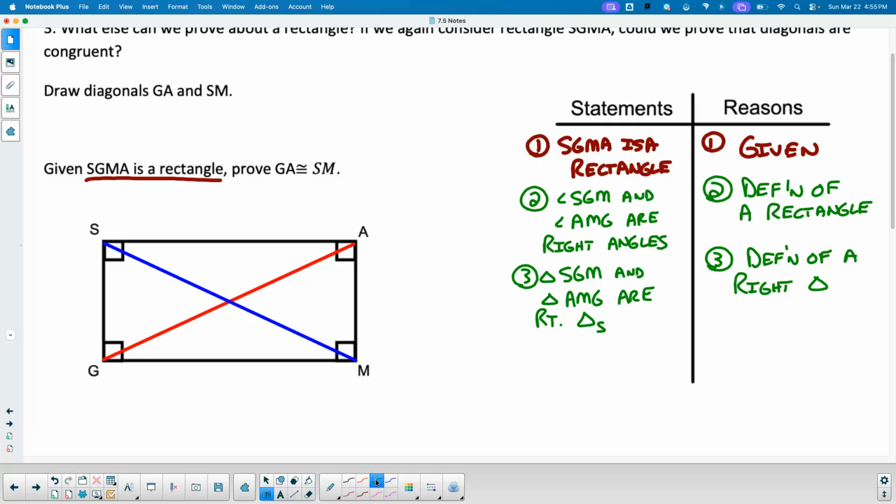Next, we can say we just proved that the opposite sides of a rectangle are congruent. So we can say that SG is congruent to AM. Sorry, I lost my train of thought there.